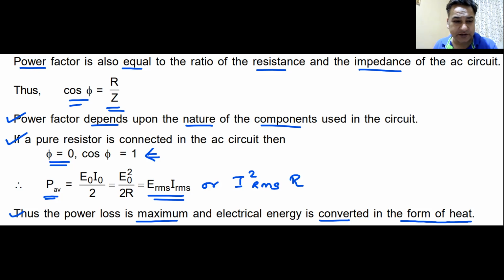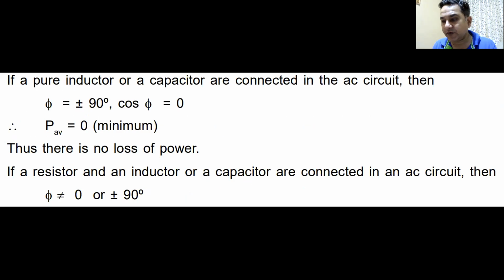I hope you have noted it down. The next part is where we understand what happens in a pure inductor or a pure capacitor. The value of phi is plus or minus 90. That means cos phi, which is your power factor, is 0. If cos phi is 0, the average power is 0, there is no power consumed, thus there is no loss of power.